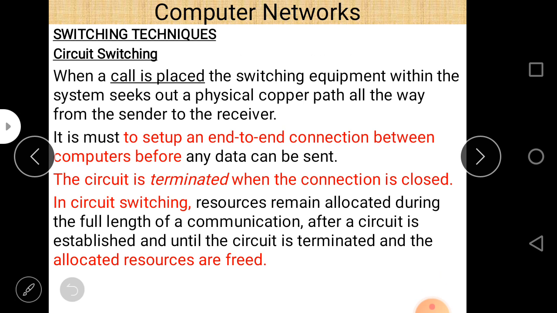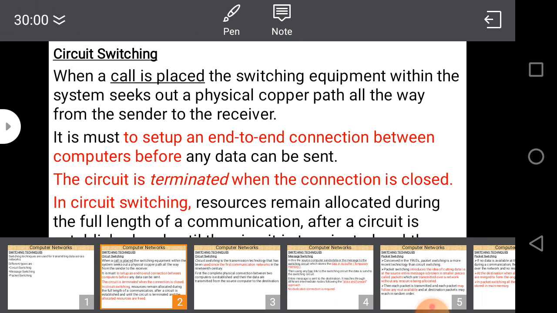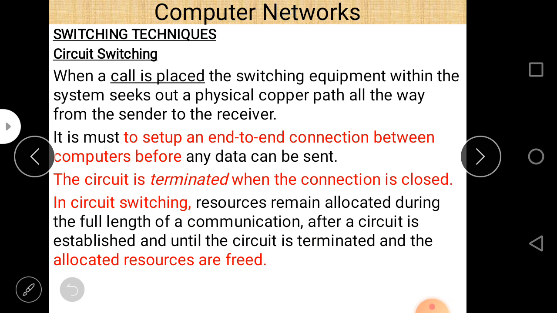So there are three main points here in circuit switching. First of all, there is an end-to-end connection between computers. It is a very important point. End to end connection between computers.